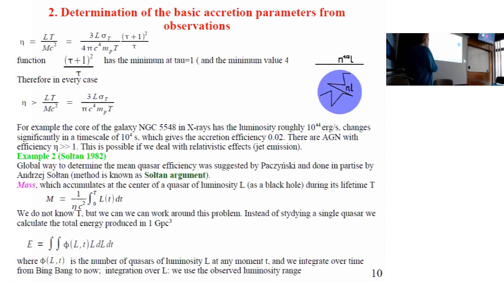For that, we need the number of quasars of a given luminosity at any given moment of time, and we have to integrate that over the luminosity and again over time. But at least integration over time seems quite much simpler, because we should integrate from the Big Bang, or from the first quasars at redshift 7, to now. The problem is that we don't know this part.